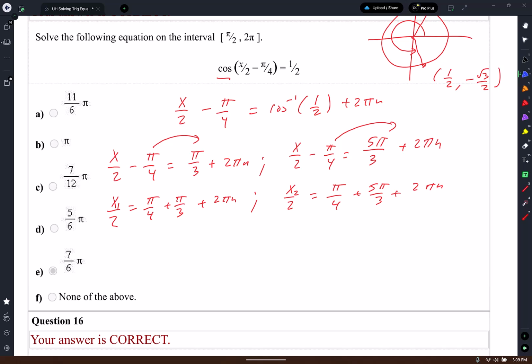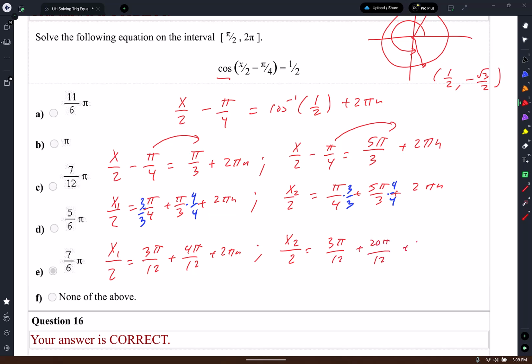Common denominator, times 3 over 3, times 4 over 4. I'm just doing common denominator, guys. x1 over 2 equals 3 pi over 12 plus 4 pi over 12 plus 2 pi n, semicolon. x2 over 2 equals 3 pi over 12 plus 20 pi over 12 plus 2 pi n.